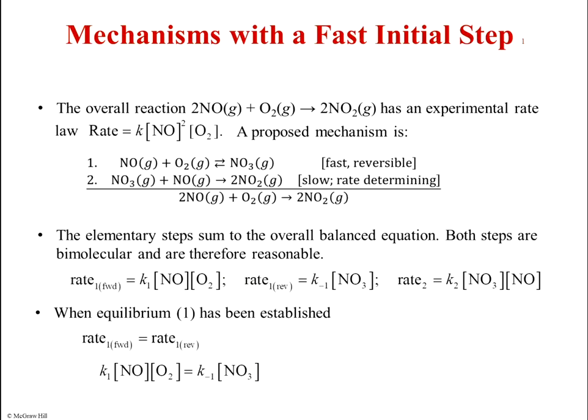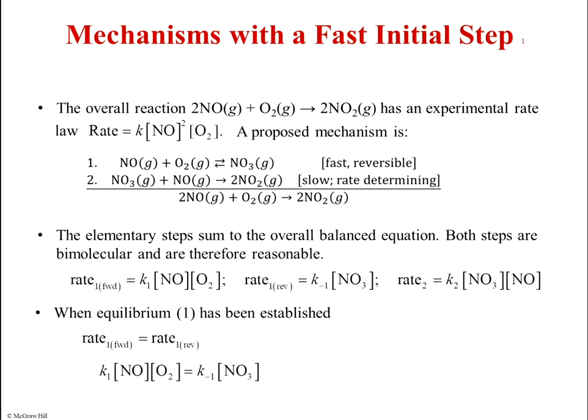And we can go back to our earlier reaction. Two molecules of NO react with O2 to give 2NO2. And we saw that that had an experimental rate law that turns out to be the rate constant times the nitric oxide concentration squared times the oxygen concentration. The mechanism is proposed. Have NO colliding with O2 to give NO3 as our fast reversible step.